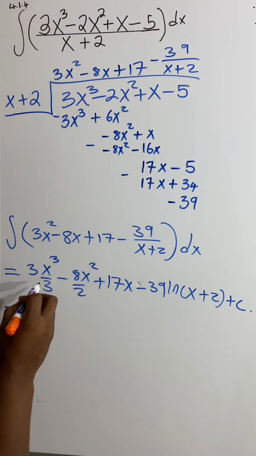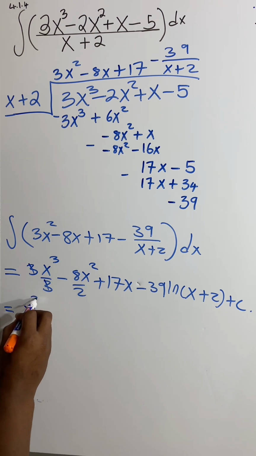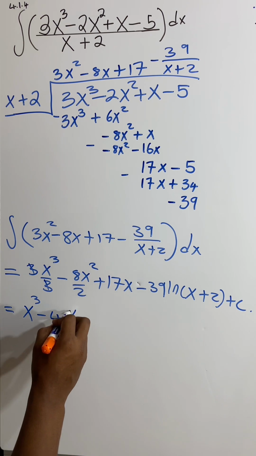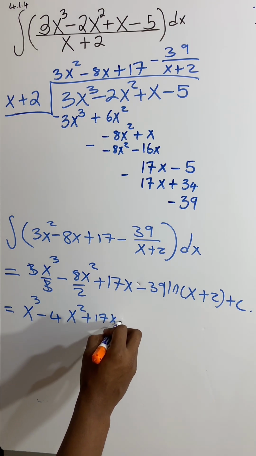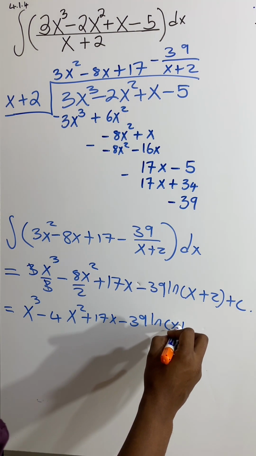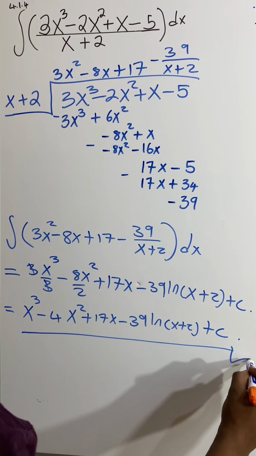We can polish this off. Negative 8 divided by 2 is equal to negative 4, and we have that as our final answer.